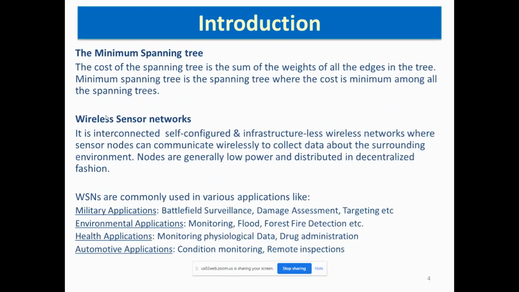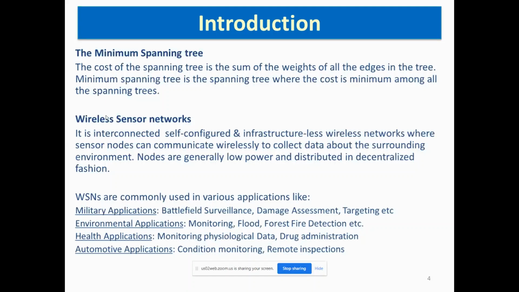Why are we so interested in the wireless sensor network? We are constantly witnessing how, each and every day, wireless sensor networks are being used in various sectors, whether it is monitoring, battlefield surveillance, biotechnology or condition monitoring.